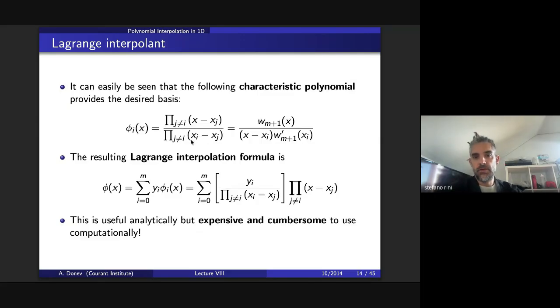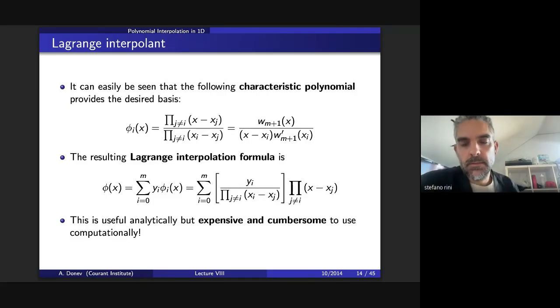And for our jth root, we have to go to 1. So here we put x_i minus x_j. When we evaluate the polynomial at x equal to x_j, we are going to have the product of x_i minus x_j for i different from j. We want to normalize this to 1, so we have to divide by x_i minus x_j.